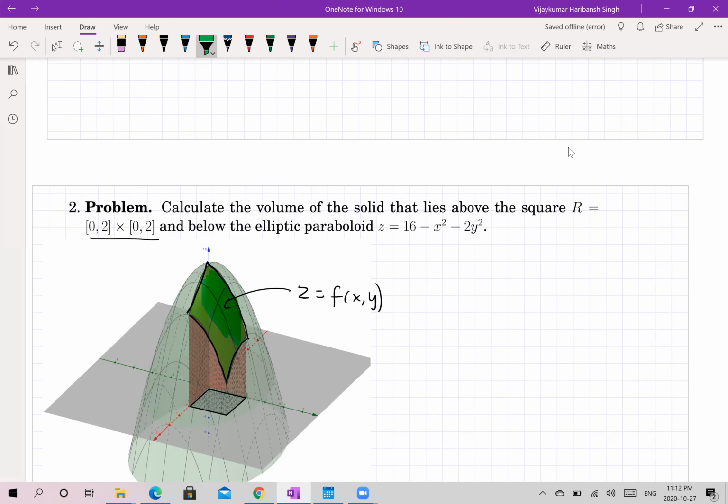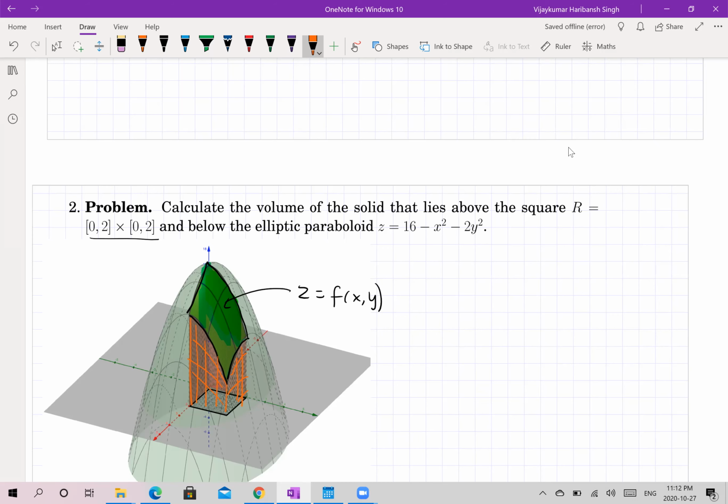This is the green surface we are interested in, and we want to find the volume of the solid formed by having this green surface on the roof and these as the side walls. So what is the volume of this three-dimensional object and how do we find it?